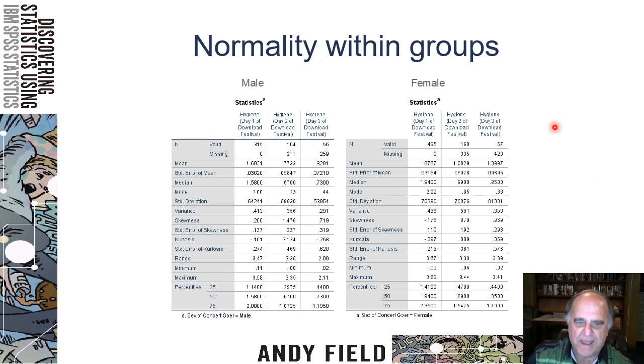If we look at males and females, we can see that for skewness, males really get positively skewed on day 2, somewhat positively skewed on day 3. For kurtosis, really bad on day 2, although then it's negative again on day 3.